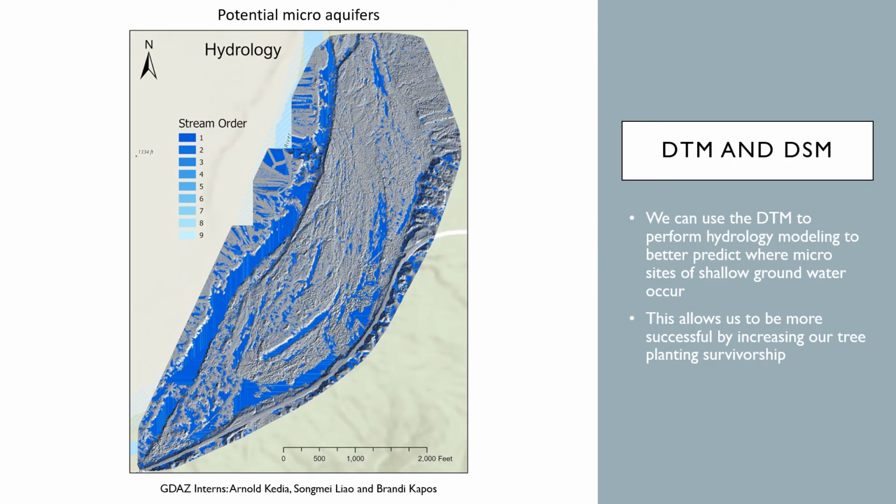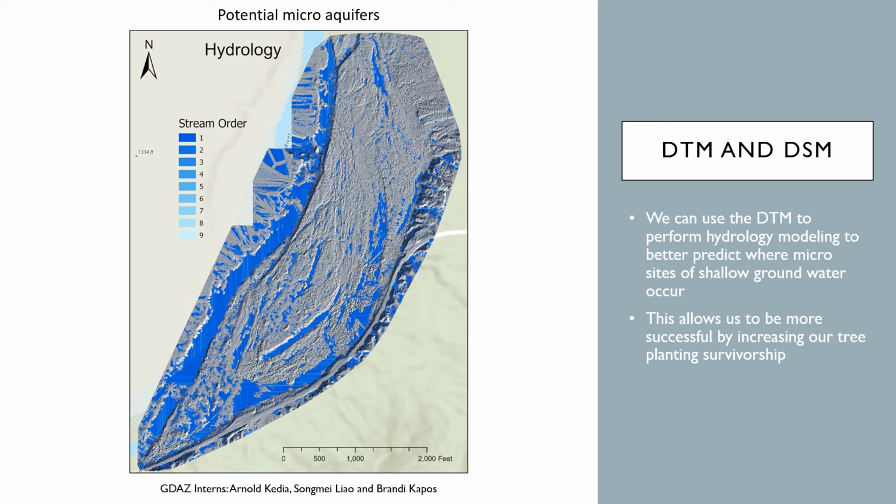Our digital terrain model and digital surface model in conjunction with each other. This image here on the left is what our first year of interns, this was one group's capstone project. They wanted to look at hydrology as a piece of their project, and so they used the DTM to perform hydrology modeling so that they could better predict where shallow micro aquifer sites might be.